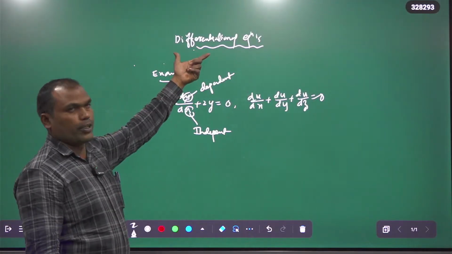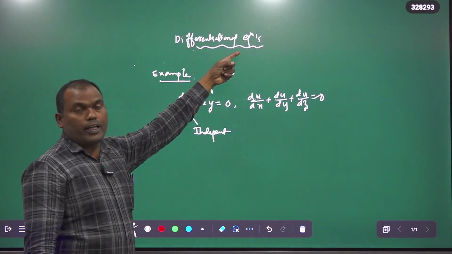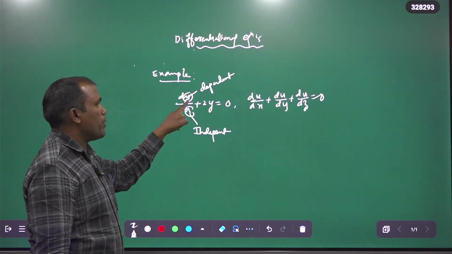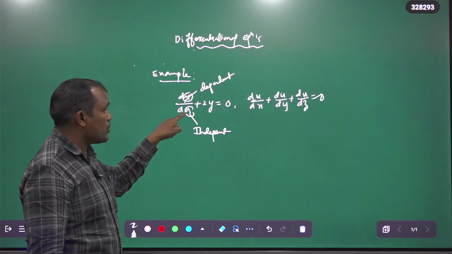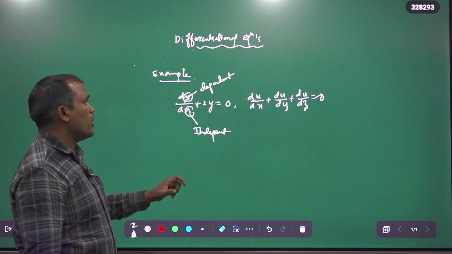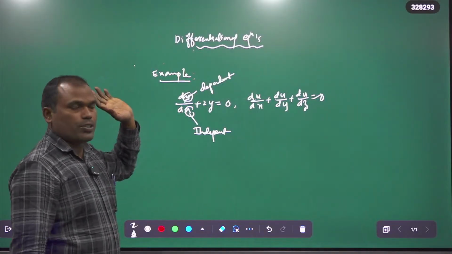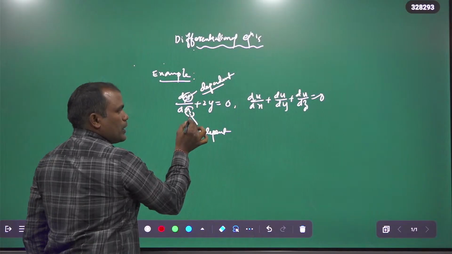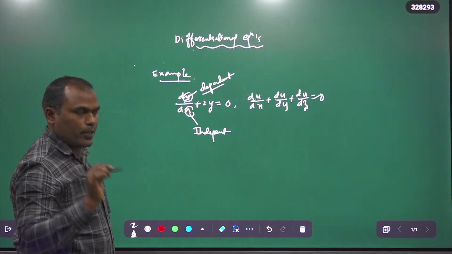Once again, listen carefully. A differential equation is an equation involving one dependent variable and its derivatives with respect to one or more independent variables. In the first example there is only one independent variable.